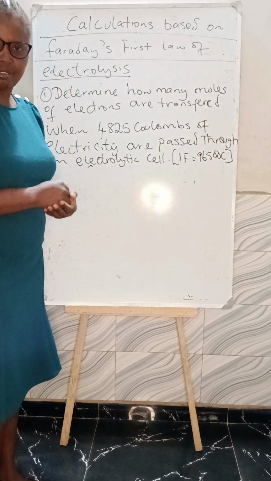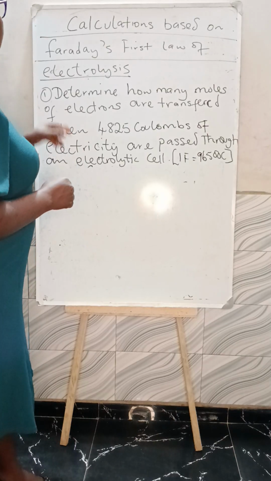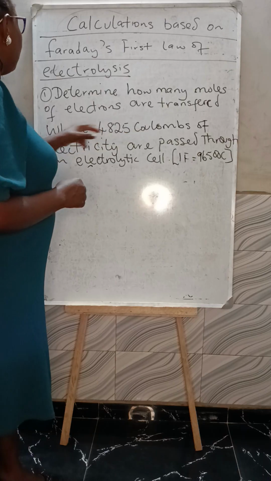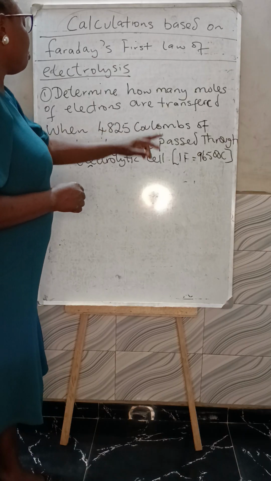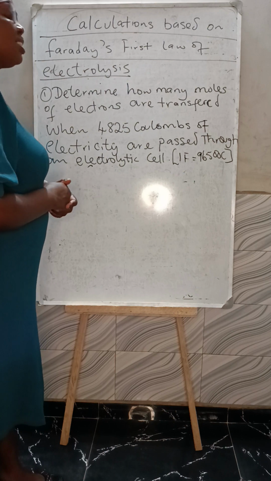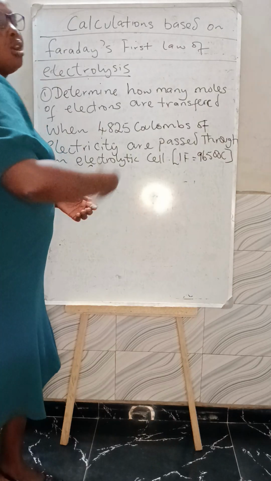It's like a constant. From this, determine how many moles of electrons are transferred when 4825 coulomb of electricity are passed through an electrolytic cell. It's going to be like going from the known to the unknown.